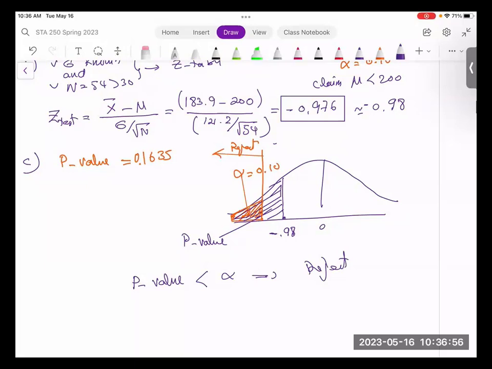So what is the p-value? 0.1635. What is the alpha value? 0.1000. 0.1000 versus 0.1635, which one is greater? The p-value is greater. So the statement is not correct. What is the opposite of reject?